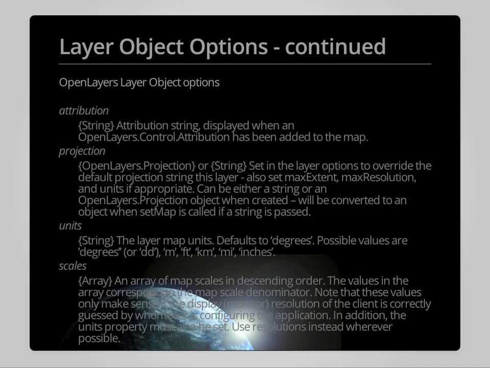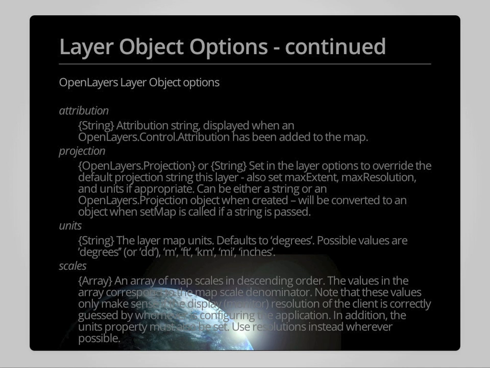So this is a way to actually, at the layer level, define the projection for that layer, keeping in mind that if you set the layer projection to a projection that is incompatible with the map, you may actually not see the data from the layer appearing in the proper location within the rest of the map or in relation to the other layers that are within the map object.